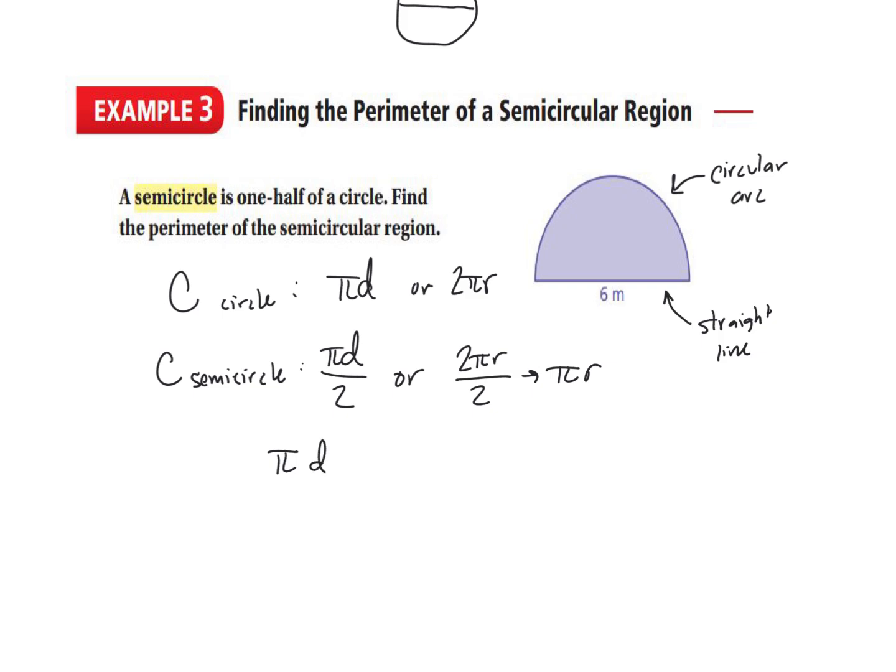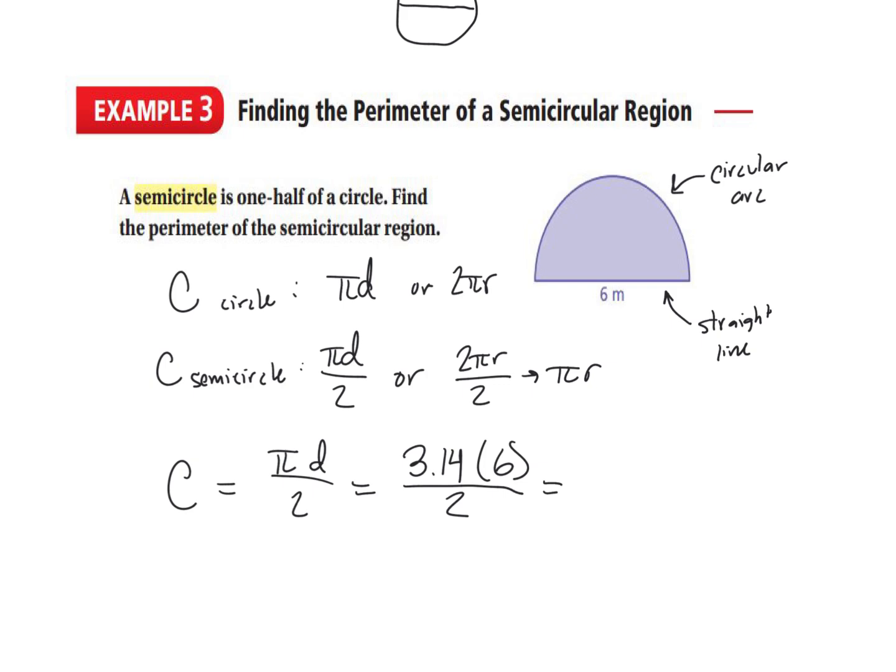So in the case of this one, I'm going to use pi times diameter divided by 2. I know that pi is 3.14. My diameter in this case is 6, that's what it tells me right there. And after I multiply that, I'm going to divide it by 2. There's a bunch of different ways you could go about doing this.